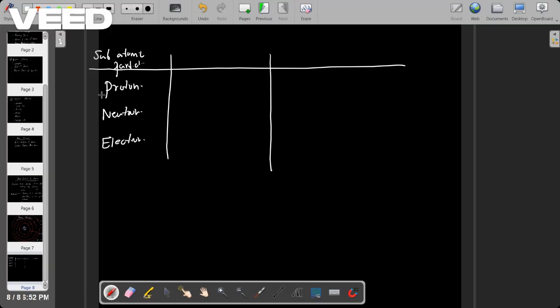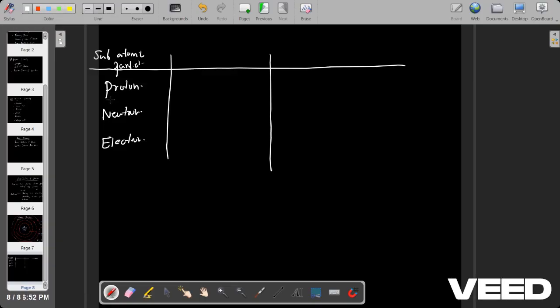Now the thing is, these also have a mass. They are very small, smaller than an atom, but they also have a mass. But the thing is, their masses cannot be measured in kilograms.